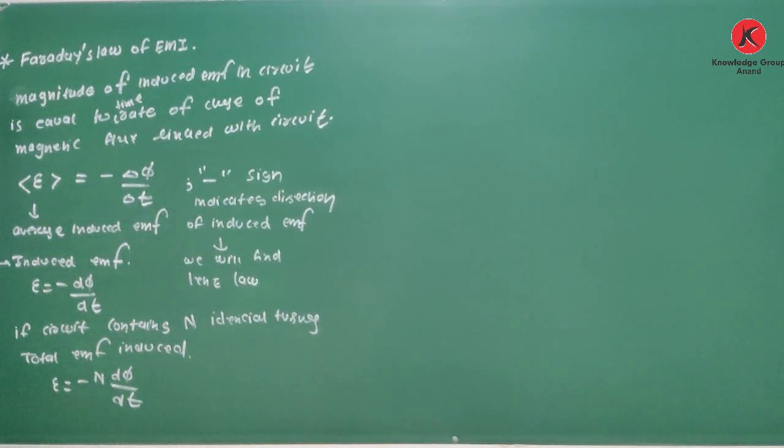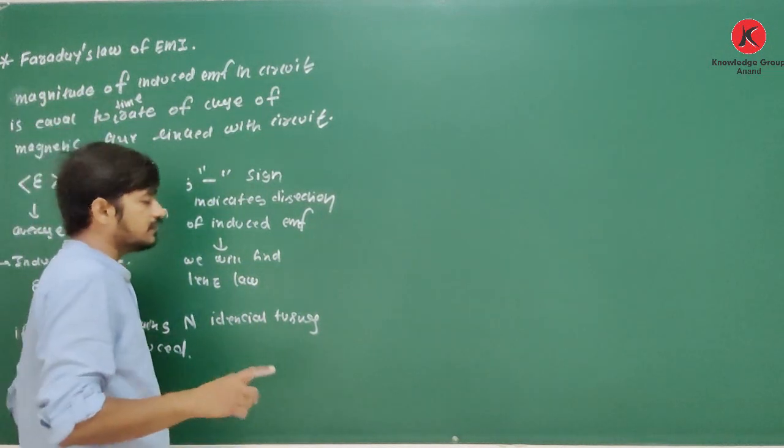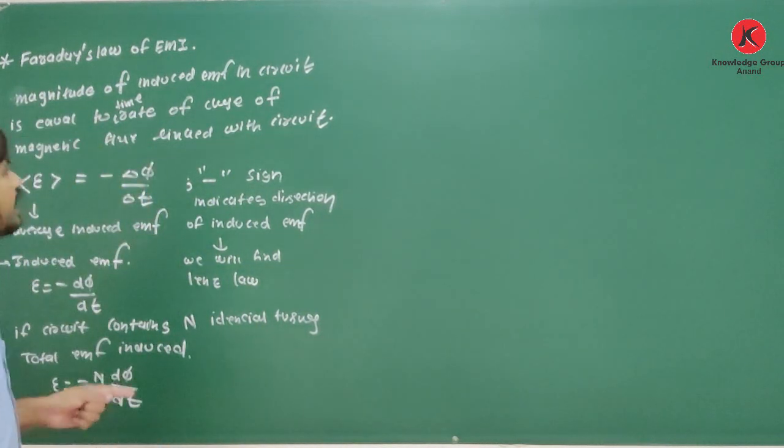So yes, this is Faraday's law of electromagnetic induction, its statement and its equation. Clear about this? Now, from Faraday's law of electromagnetic induction, we will get the magnitude of EMF.